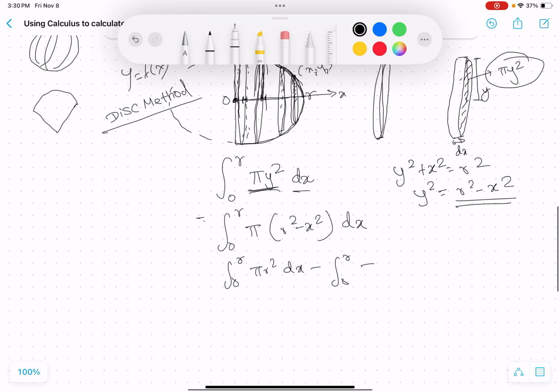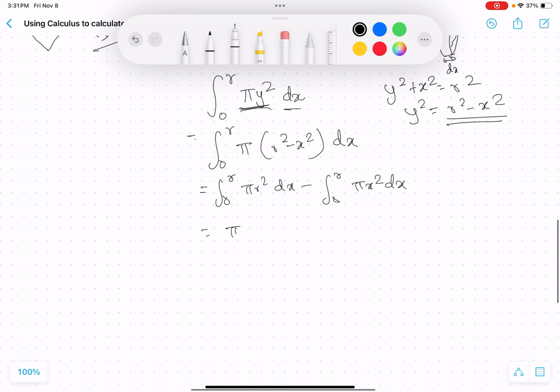This is pi r cubed minus pi x cubed by 3 from 0 to r, so pi r cubed minus pi r cubed by 3.